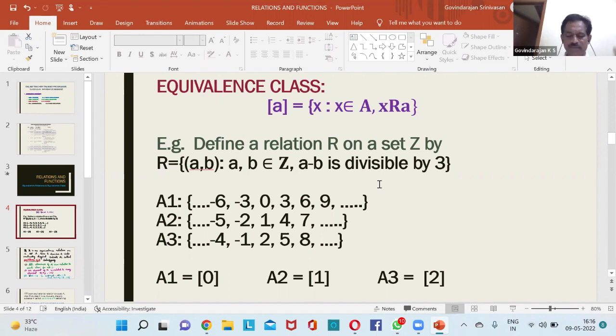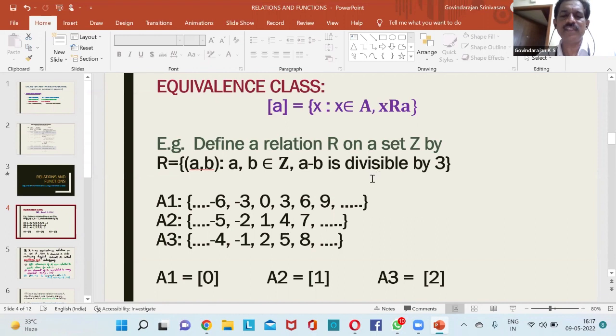You know that it is reflexive, symmetric and transitive. Therefore, it is called an equivalence relation.